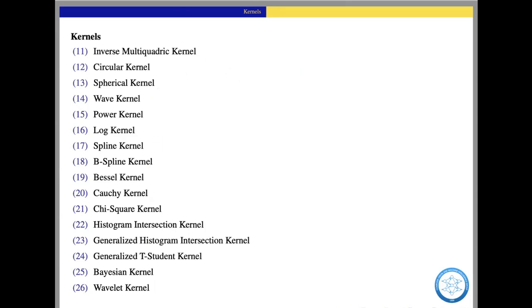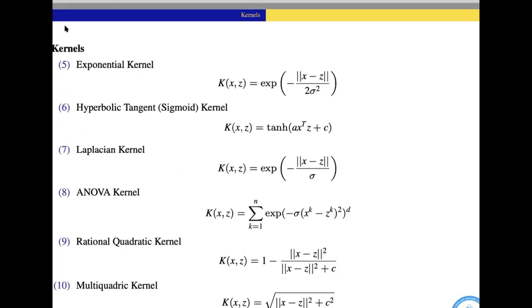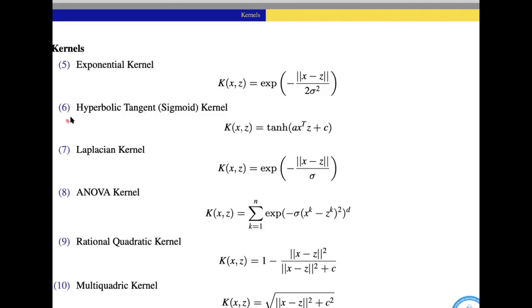So why do we have to bother about so many kernels? Why not just use one of these popular ones? The popular, frequently used ones are up to number 6. The rest, you don't even encounter much. But why are there so many kernels?